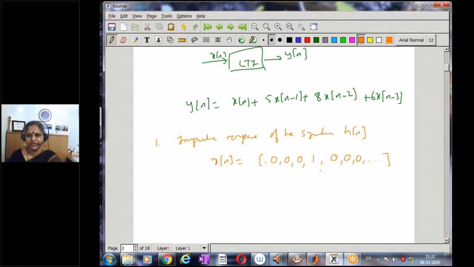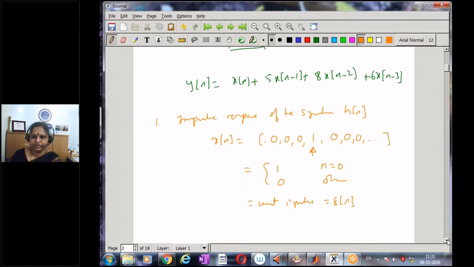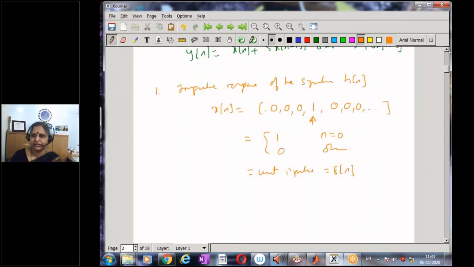So x of n is equal to 1 for n equal to 0, and it is 0 otherwise. This is my input, the unit impulse function delta of n. So now let us try to compute the output by an iterative method.